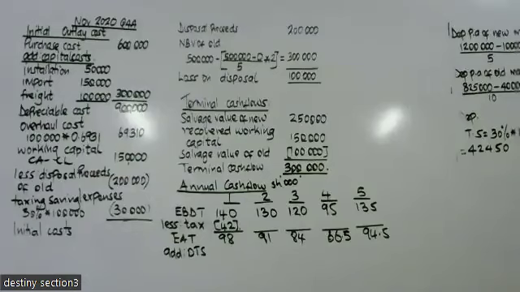And we say you compare the old and the new asset. And remember, the old asset did not have a salvage value at the beginning of the year. But now it has a salvage value of how much? 100,000. It has a salvage value of 100,000.